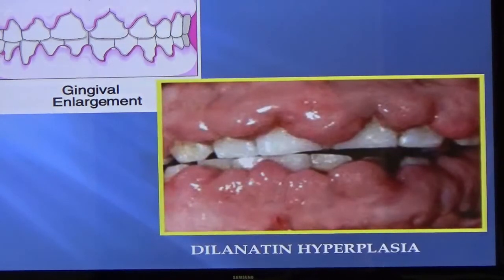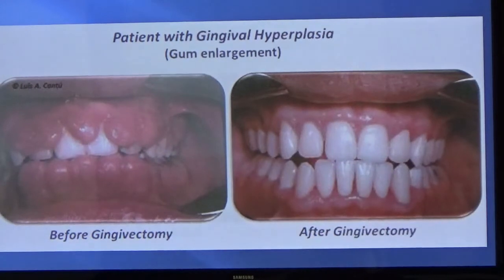This is what it looks like in the mouth. Sometimes you can barely see the teeth. You go in there and almost smoke out the teeth because you don't see them. But this is a secondary response to a medication. So you go like that, and then after surgery and healing, obviously, here.